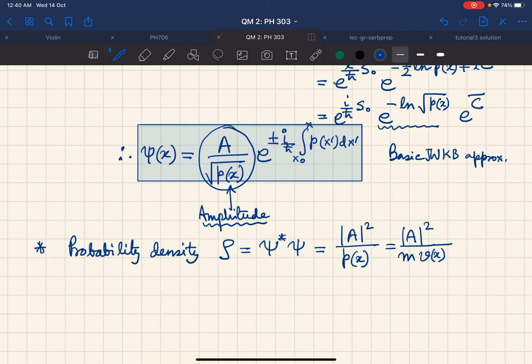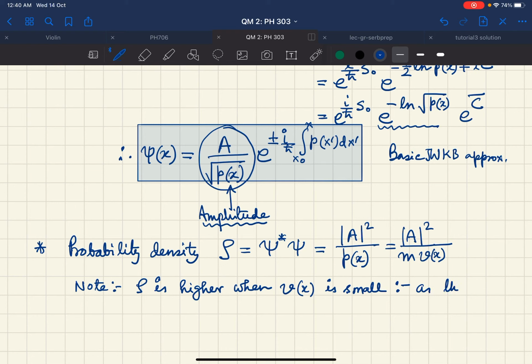And also you note from this expression that rho(x) is higher when v(x) is small. Why is that? This is simple to explain.